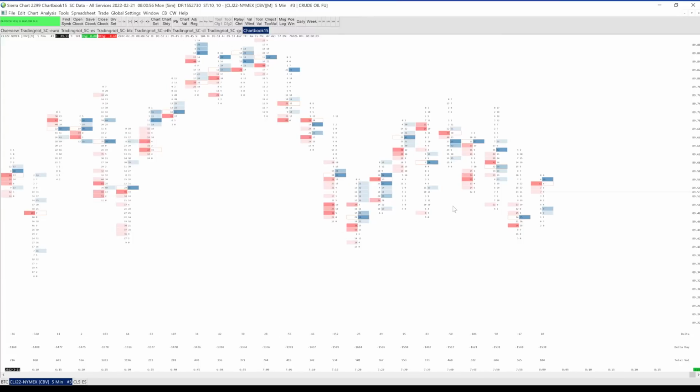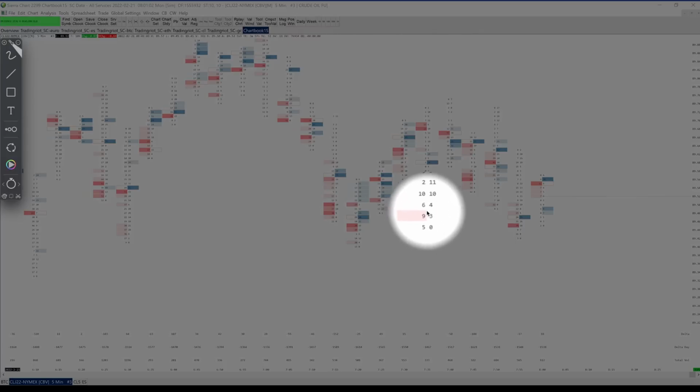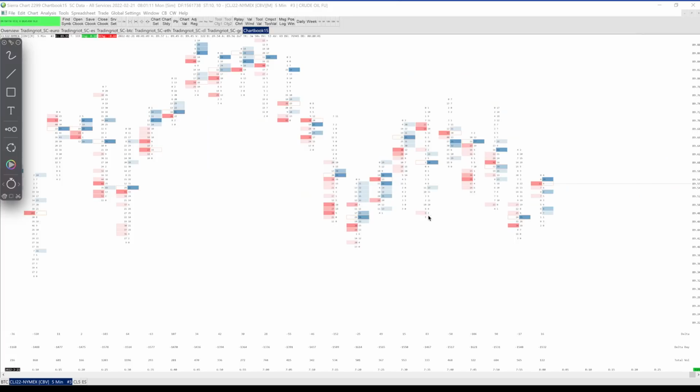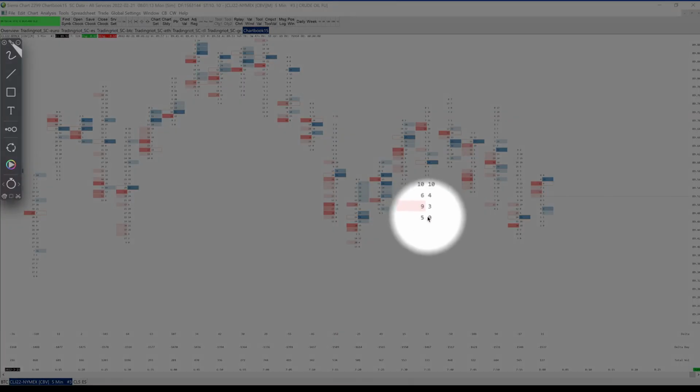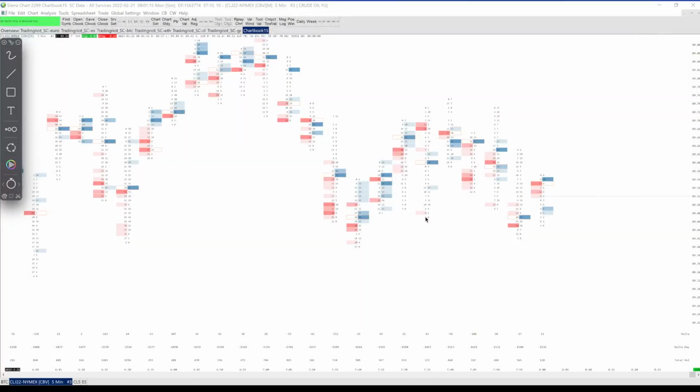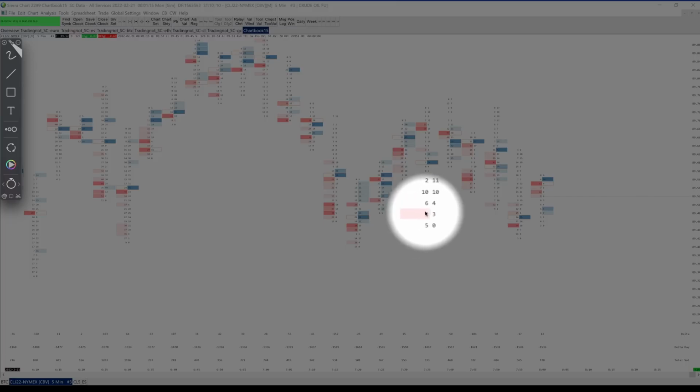So let's take a look at these lower sections. You have 5 contracts sold, 0 bought, 9 contracts sold, 3 bought. And you can calculate the delta from this. Obviously, if you are going from left to right, you need to put a minus before these numbers.